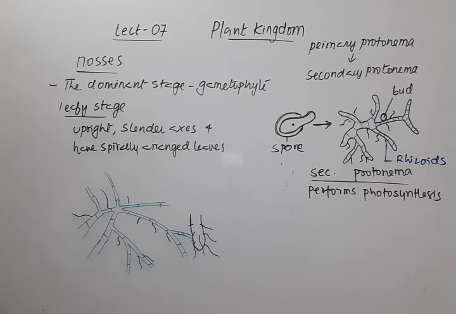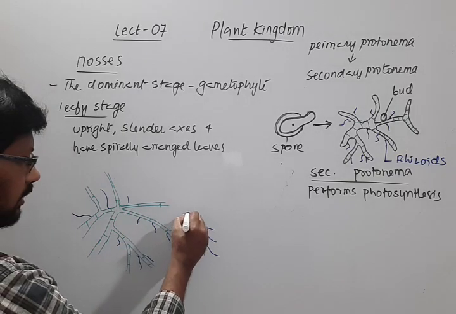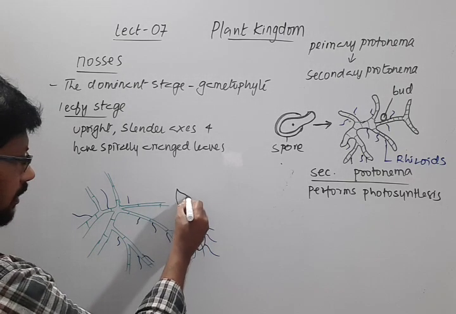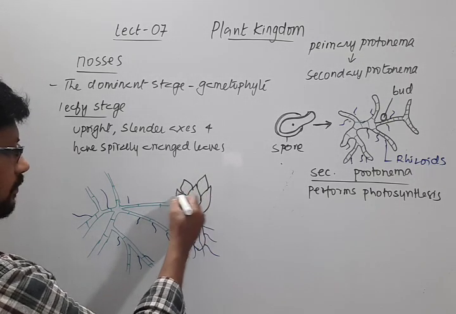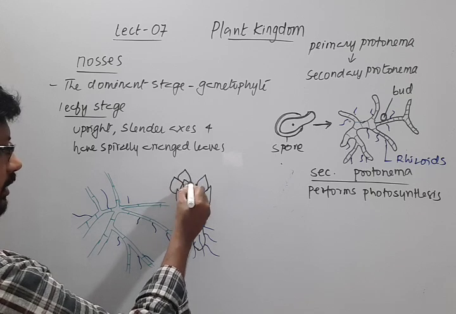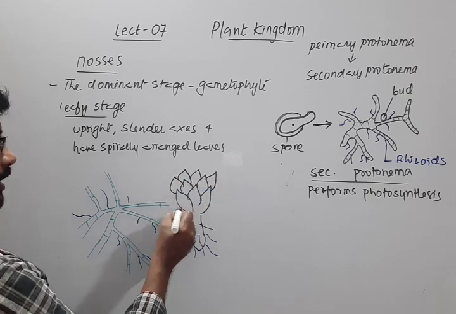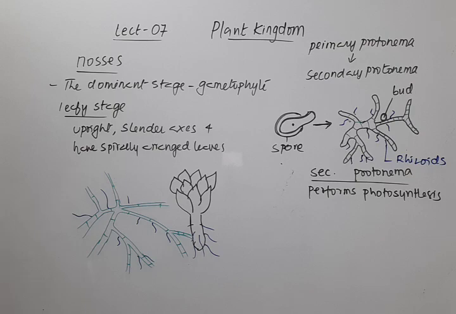Okay, right, and this is the main axis that develops, and then we see on this the leaves which will be spirally arranged. So we can see here the leaves that are spirally arranged.